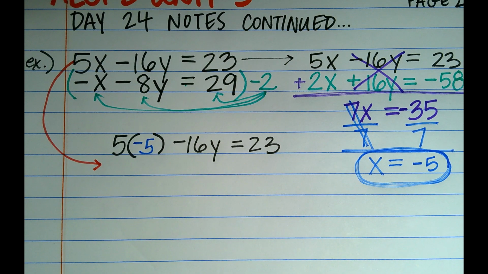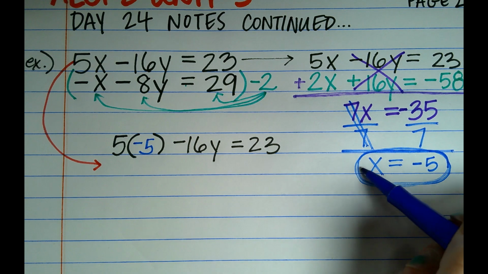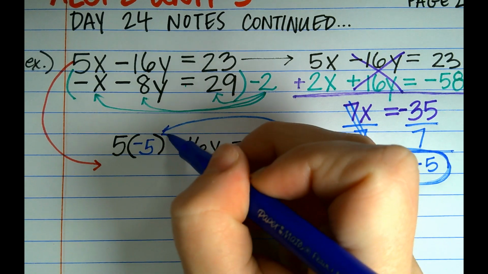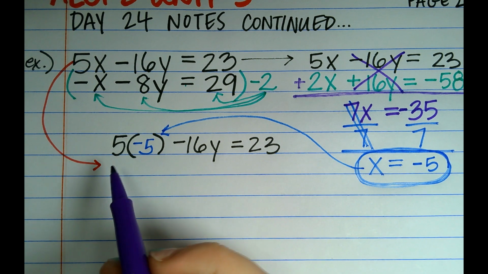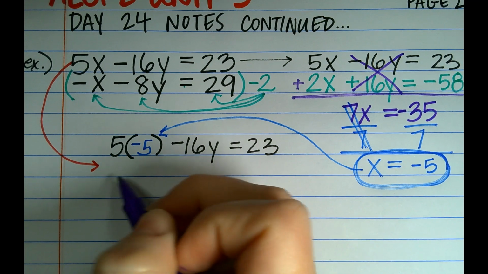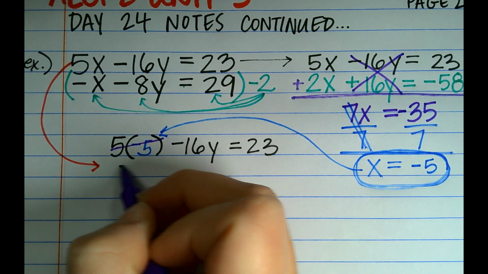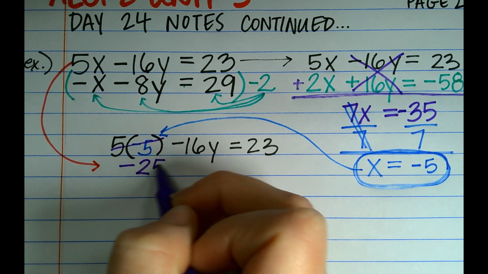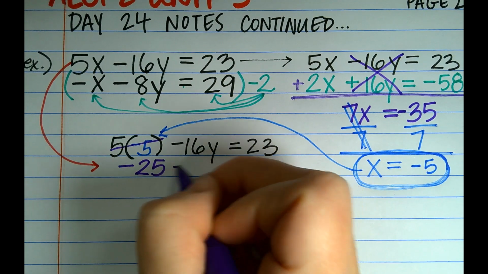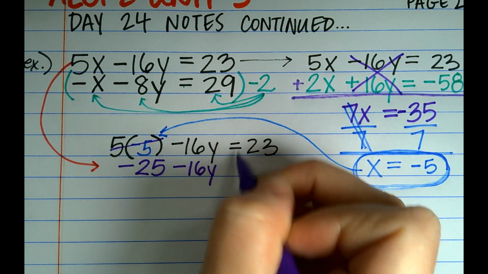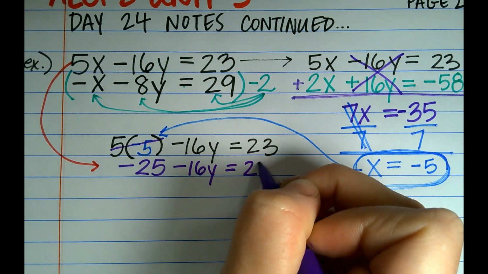So once I've plugged in my x value, like that, where do I go from here? Perfect. 5 times negative 5, that's going to give me negative 25. Perfect. And then I'll bring everything else down. Minus 16y equals 23.